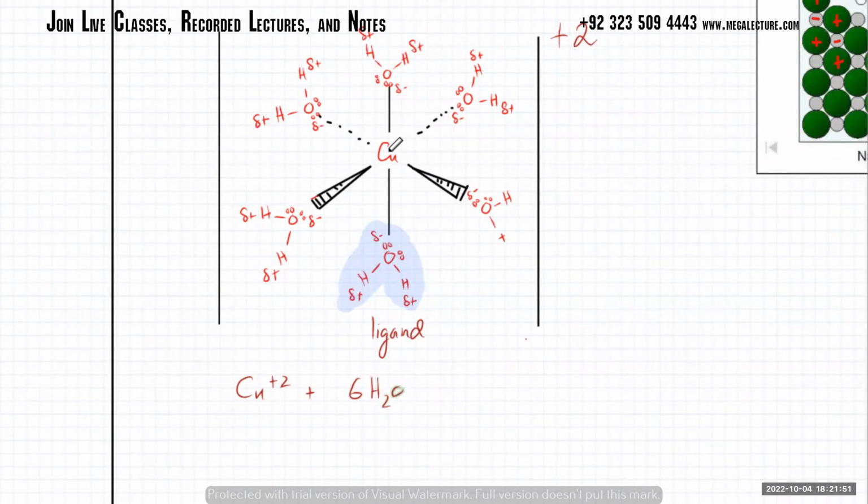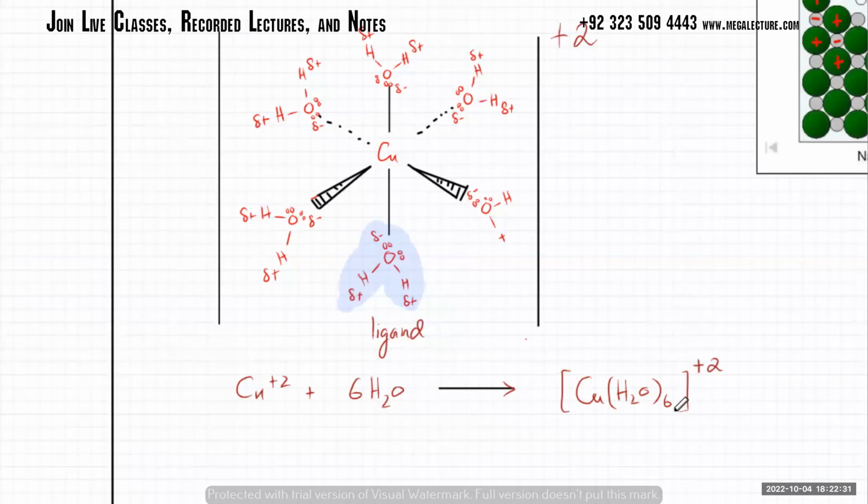So this is what is happening. The copper ions are getting surrounded by 6 water molecules. And when they get surrounded by 6 water molecules, you've got a copper that's joined up with 6 water molecules. It's going to have square brackets around it, and it will overall have a charge of +2.